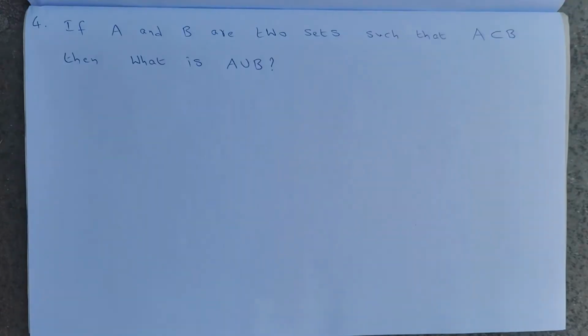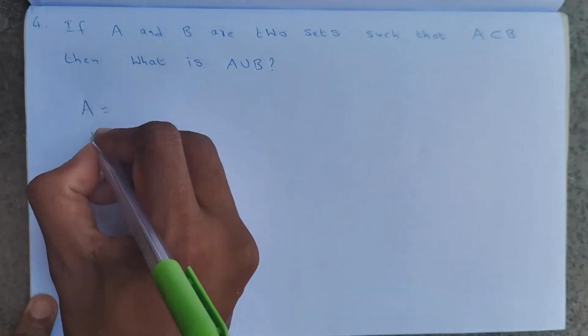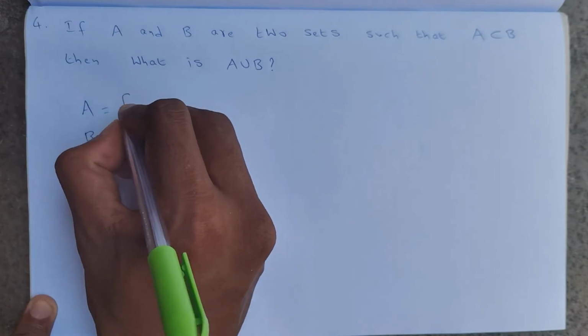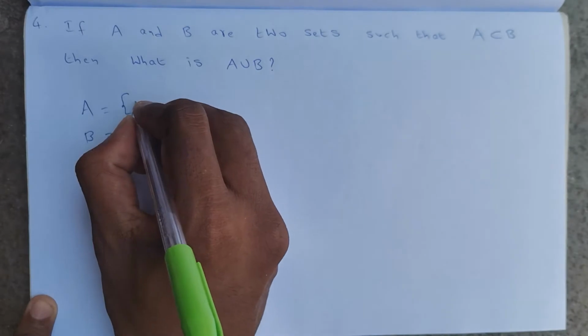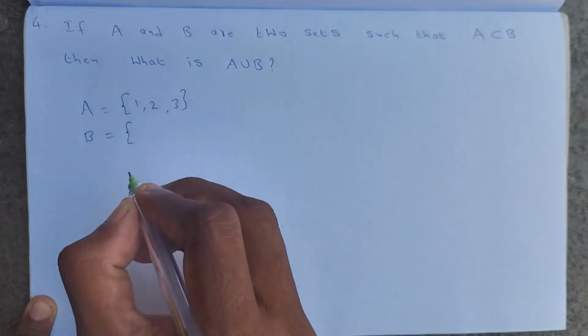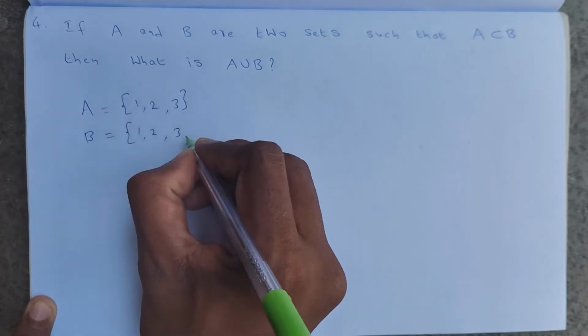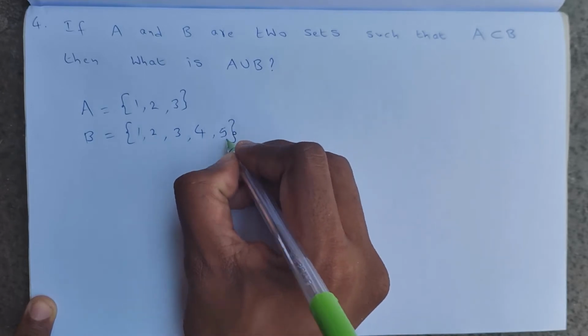Okay, next, fourth question. If A and B are two sets such that A is a subset of B. A is a subset of B means set A is smaller than set B. So if set A contains elements 1, 2, 3, then set B should contain all those elements 1, 2, 3 as well as some other extra elements also.